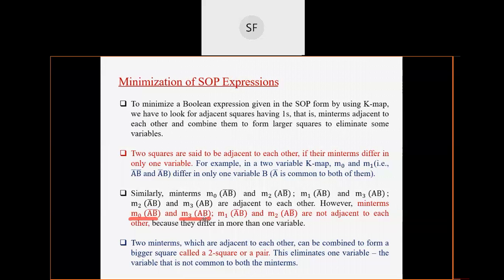Now here you can observe no variable is constant. A bar here becomes A and B bar here becomes B. So now both variables are changing. Your cells will be adjacent only when only one variable differs, not two. Only one variable should differ, not two. So M0 and M3 will not be adjacent to each other.